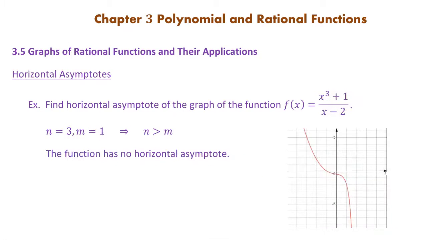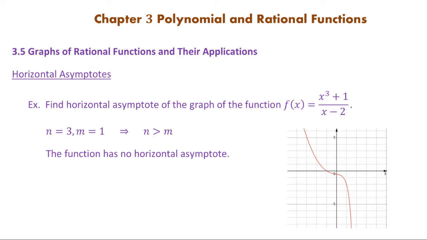So how about the next example? Find the horizontal asymptote of the graph of the function f equal to x cubed plus 1 over x minus 3. Again, to find the horizontal asymptote, you compare the highest exponent on the top and at the bottom. The highest exponent on top is 3, so n equal to 3, and at the bottom the highest exponent is 1, so m equal to 1.